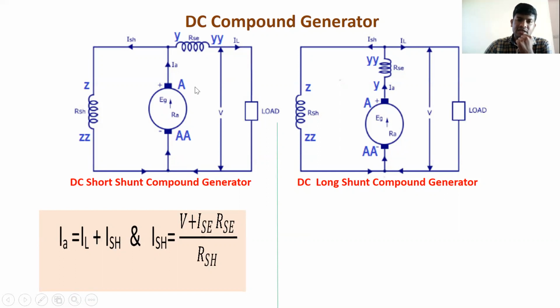But here a series field resistance is there. That means, what is the voltage across the armature?